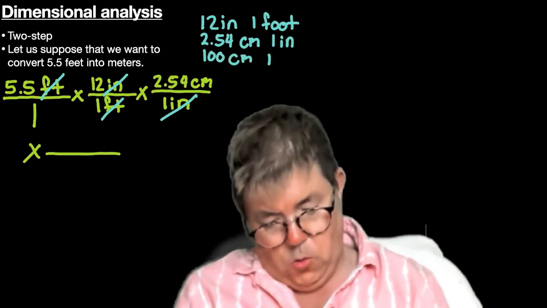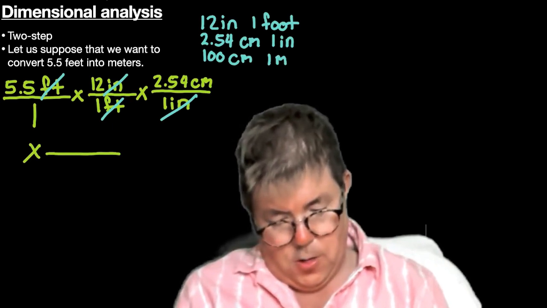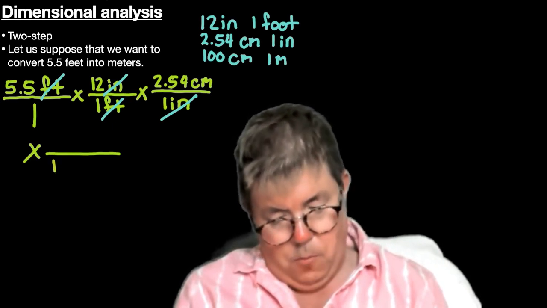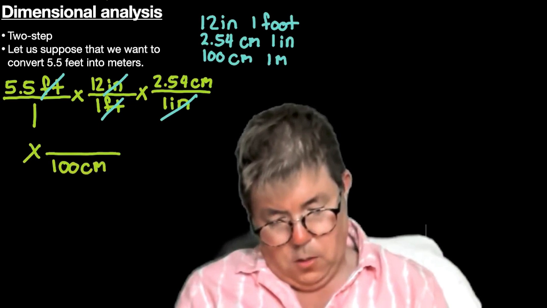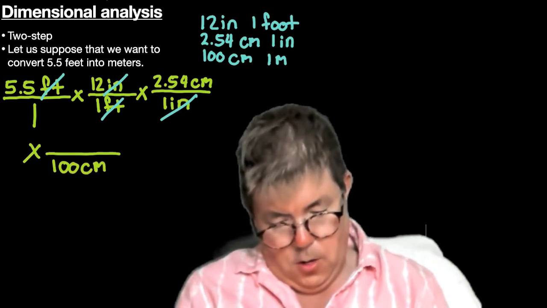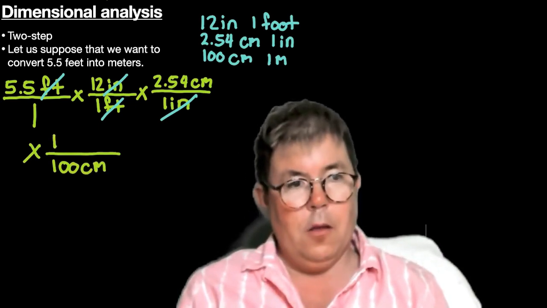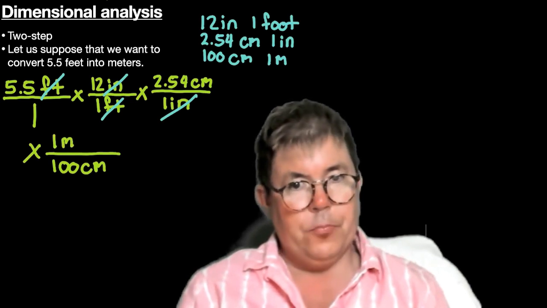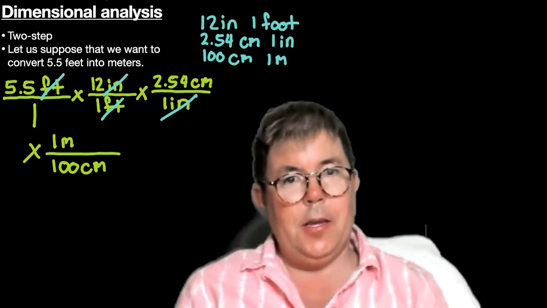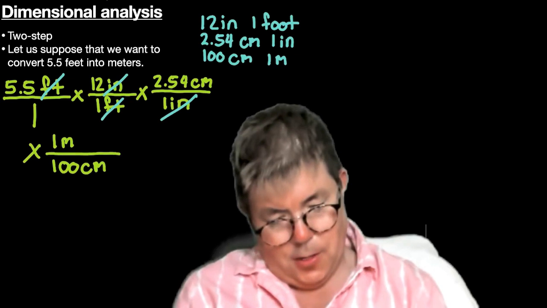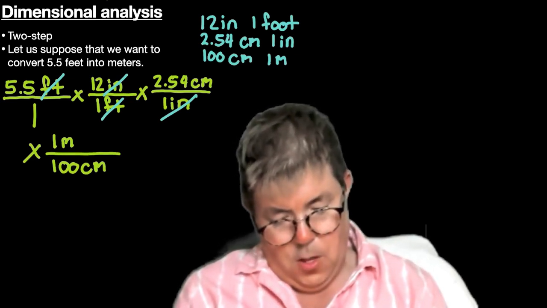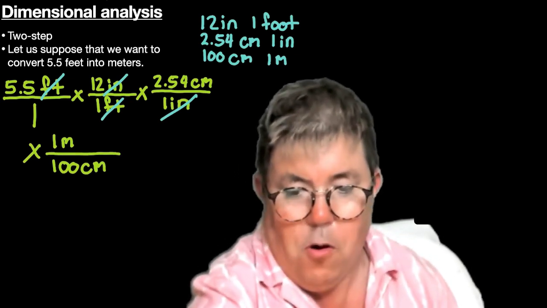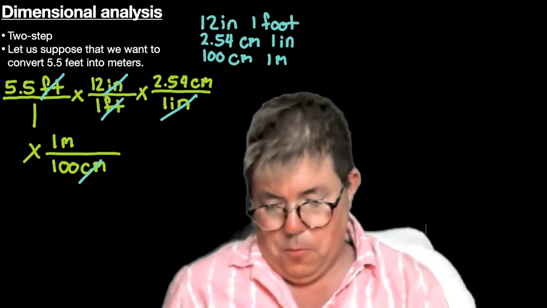So we will use 100 centimeters on the bottom and 1 meter on the top. Now centimeters are going to cancel, so this just becomes a simple calculator math problem.